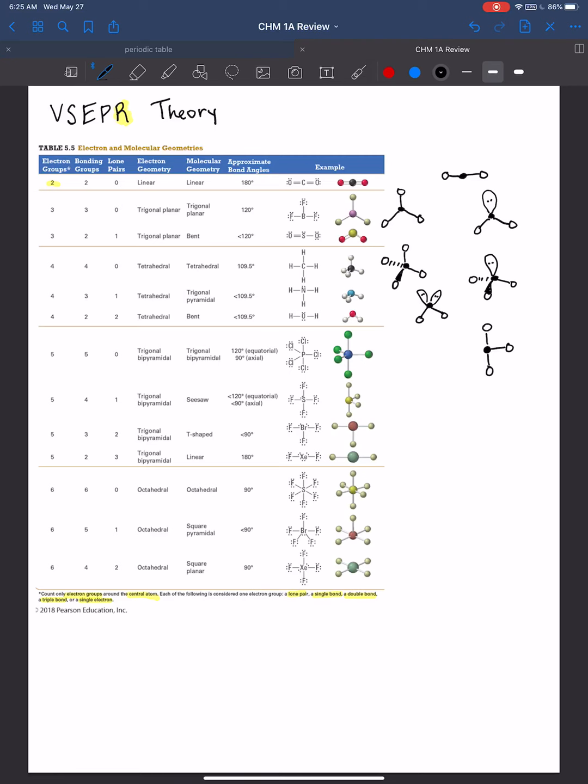So 3 of the bonded groups are in the plane, 1 is coming at us, and 1 is going into the paper. So these are the 3 that are in the plane. One's coming at you and one's going into the paper there.